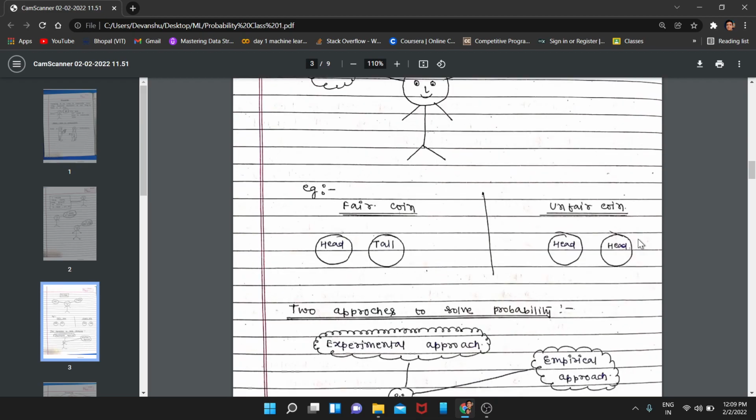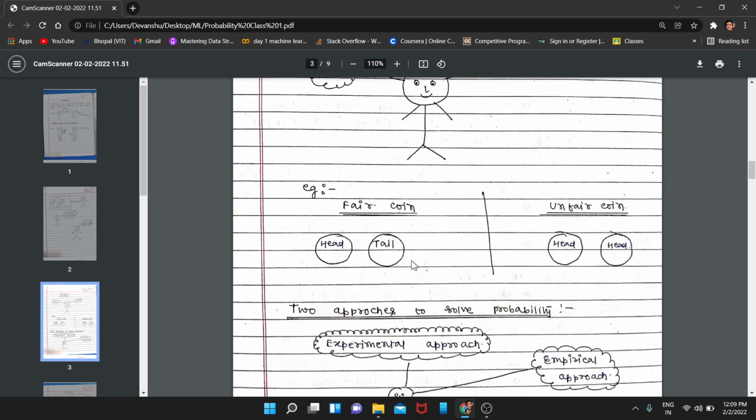Similarly, look at a coin. How is the coin fair? The coin is fair if on one side there is a head and on the other side there is a tail. But if both sides are heads, just like in the Sholay movie, where on both sides there was a head, then on the basis of that, every time you will win the match.